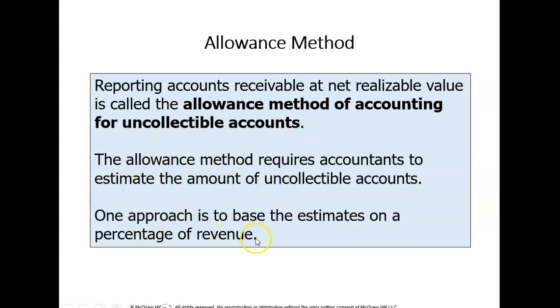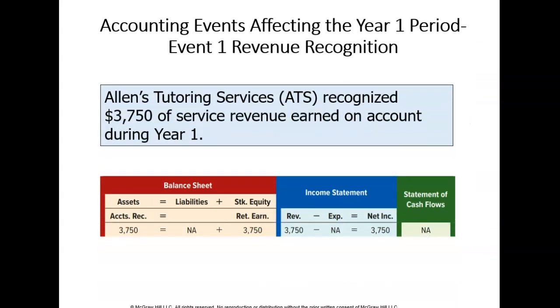We're now going to estimate what percent of our revenue we expect to become uncollectible. Again, what percent of our revenue, based upon historical information, do we expect to become uncollectible? And I'll give an example of how to do this.